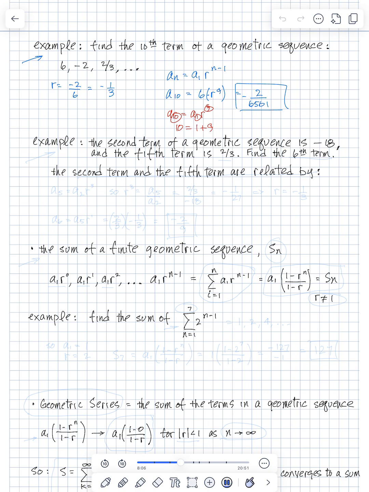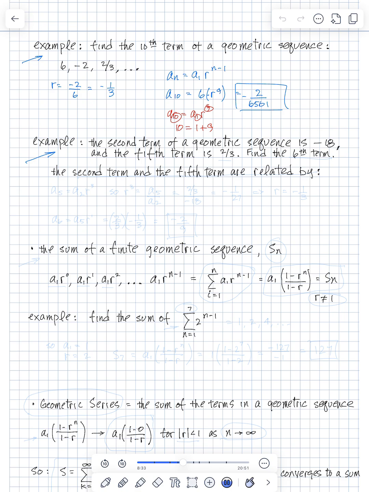So we're going to use that pattern in the next example, where the second term of a geometric sequence is negative 18, and the fifth term is 2/3. And so we want to find r.